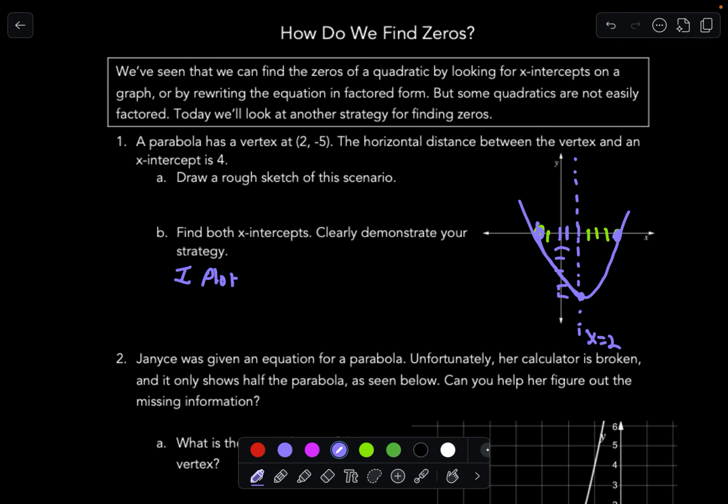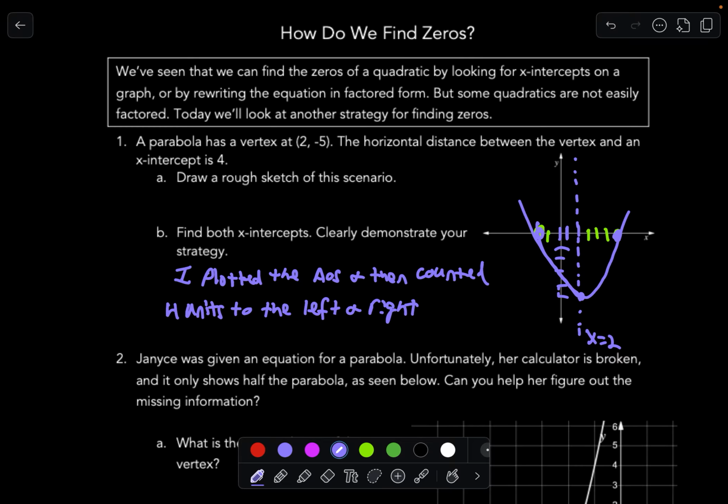I plotted the AOS and then counted 4 units to the left and right of the AOS, the axis of symmetry, and those were the x-intercepts.